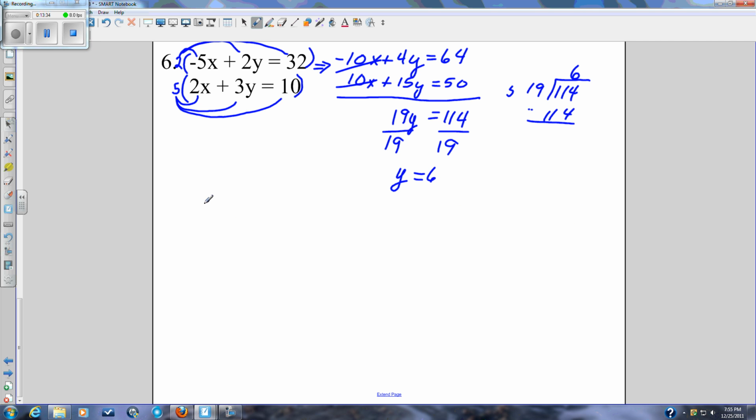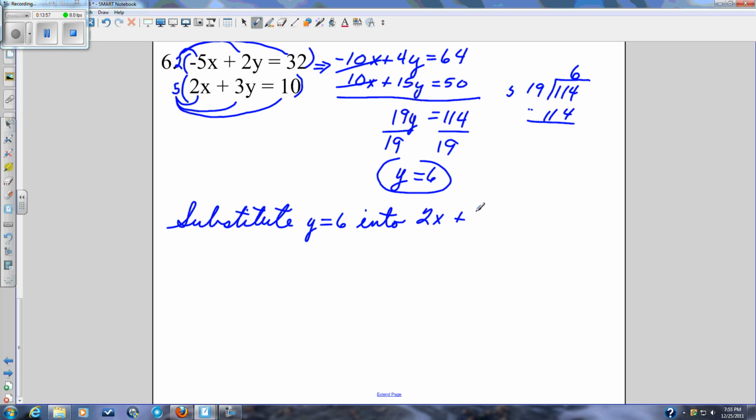Now since we know what y is, we want to find out what x is. We're going to substitute that value of y equals 6 into one of the equations. It doesn't matter which one. I'm going to choose the second one. 2x plus 3y equals 10. So we have 2x plus 3 times 6 equals 10.